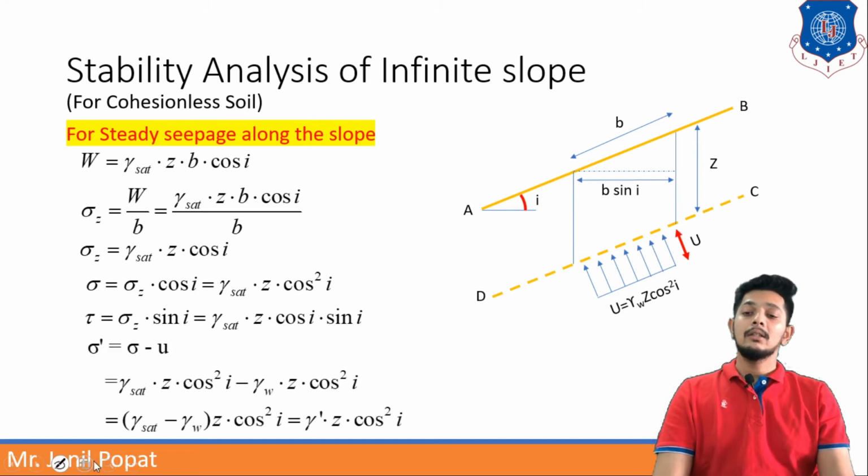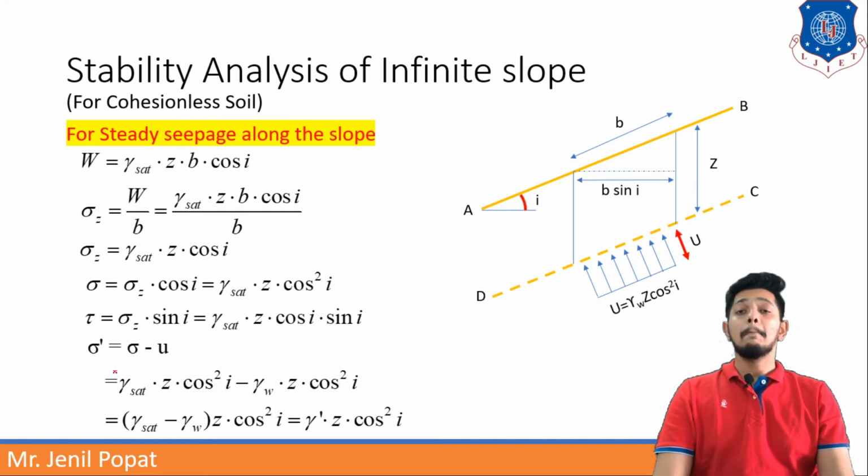Let us write sigma dash is equal to sigma minus u. From the very initial chapter on soil water, we can get this equation given by Terzaghi. Here sigma can be written as gamma saturated Z into cos square I, minus u, which can be written as gamma W Z into cos square I, where u is the pore water pressure.